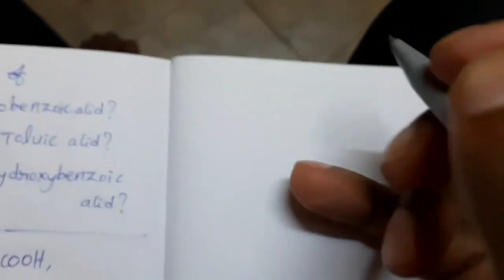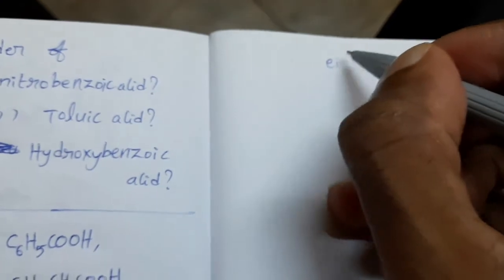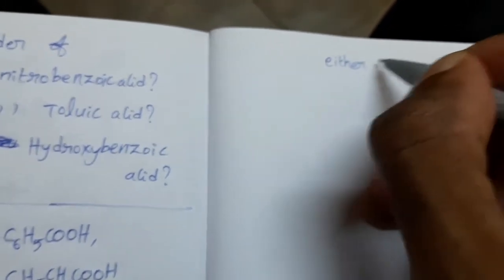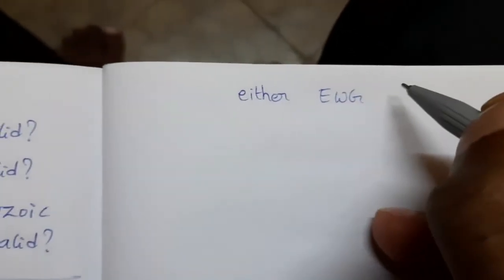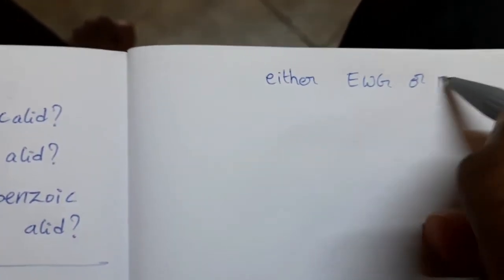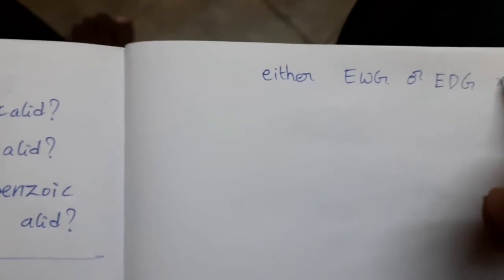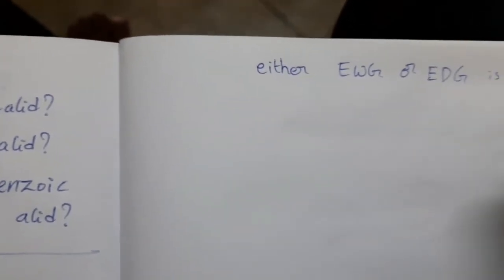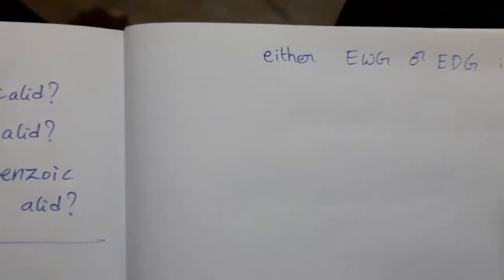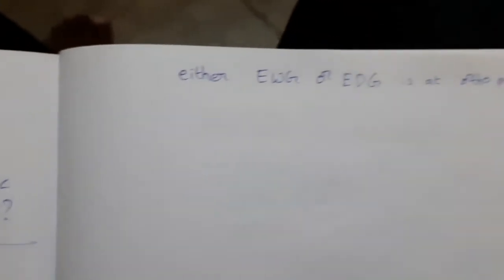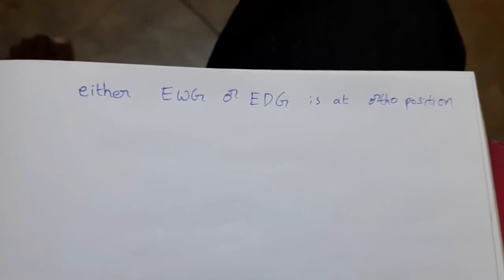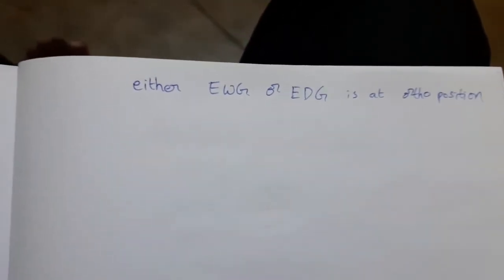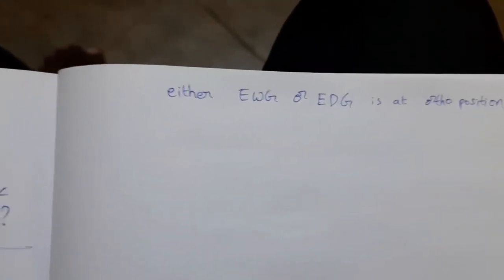Now what is ortho effect? Ortho effect means either electron withdrawing group or electron donating group is at ortho position, then its acidic strength is more than para and meta forms.